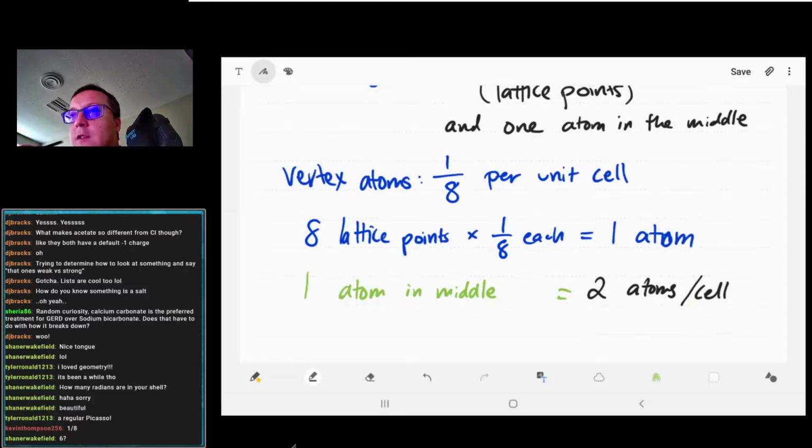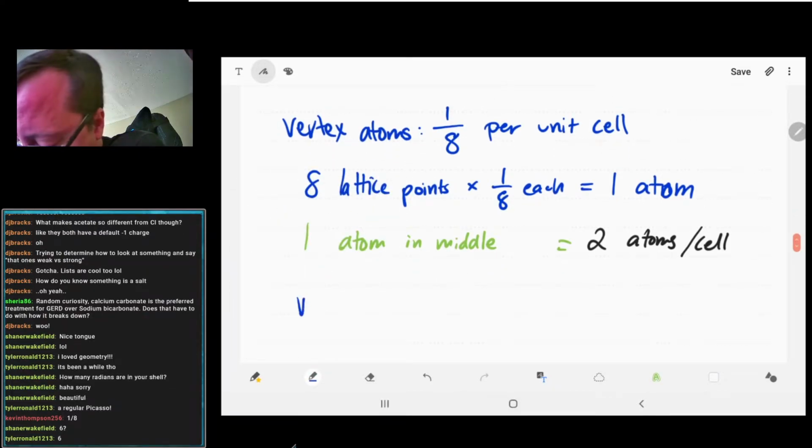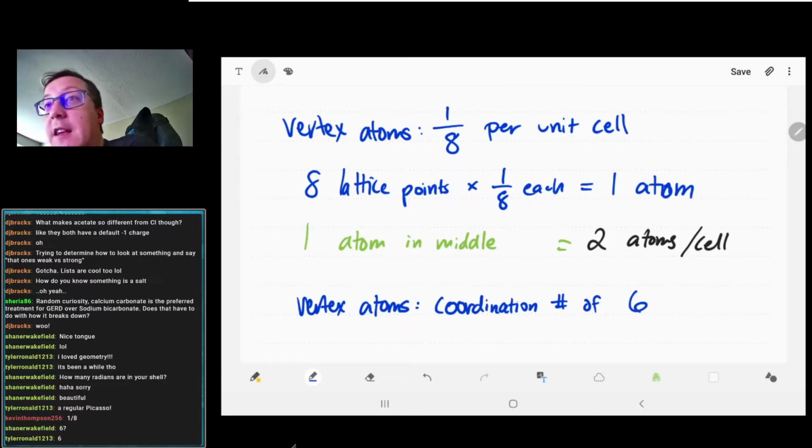Perfect. So the blue atoms have a coordination number of 6. So that's how many things they would be next to. Kind of hard to describe in words, but that is what's called a coordination number, and so this one would have a coordination number of 6.